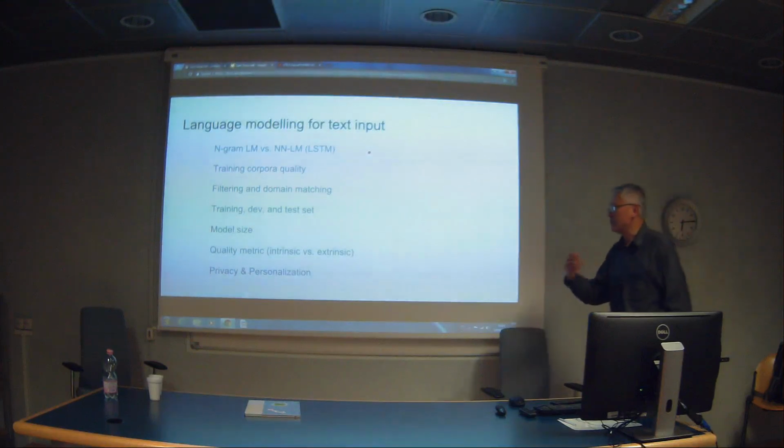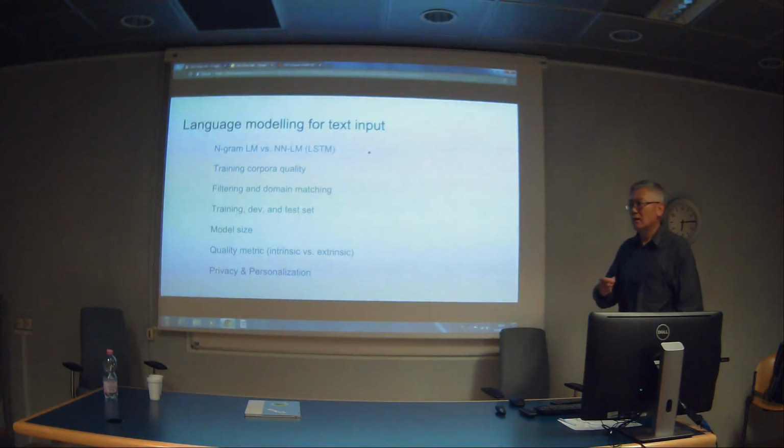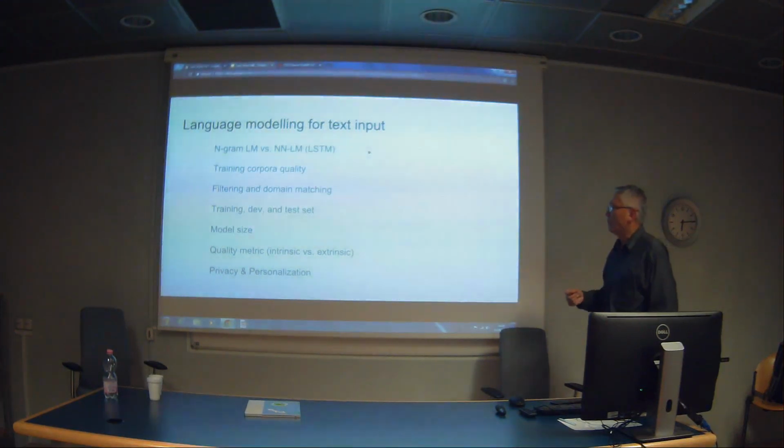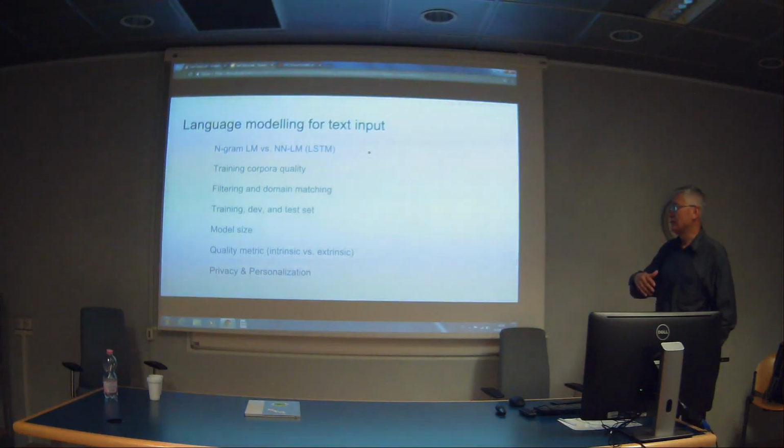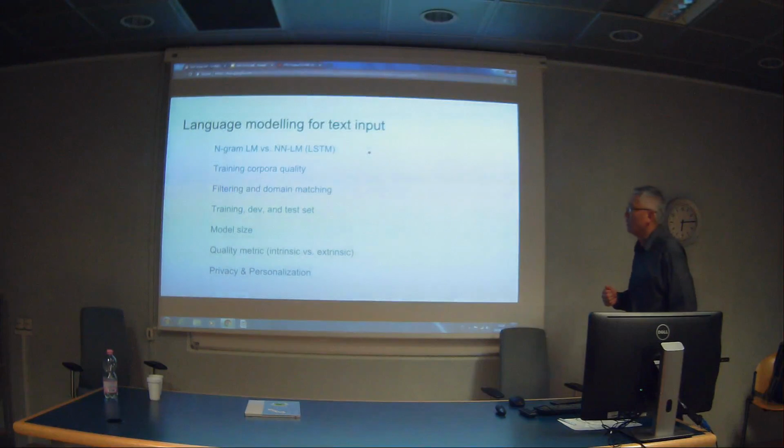Often the domain doesn't match all that well, plus any corpus will contain words that you don't want to predict, such as profanity or racial bias. So filtering that is another part of training language models.